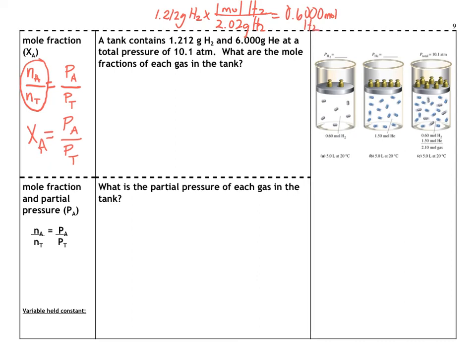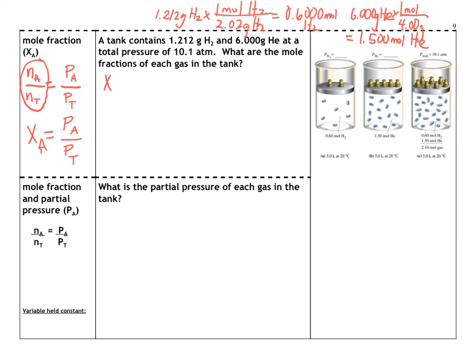And calculating the second one, which is helium, and dividing it by its molar mass, I then get 1.500 moles of helium.